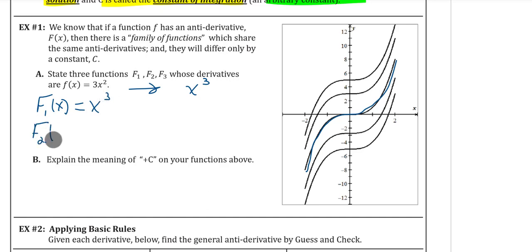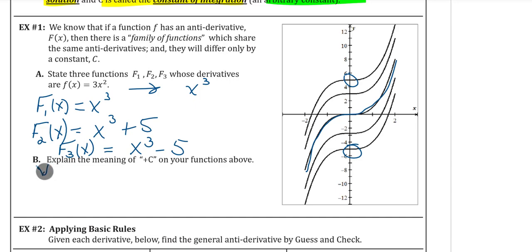And then F2 of x can be any of these, so let's pick this one: x cubed plus 5. For F3 of x, let's pick a negative one: x cubed minus 5. There's a myriad of answers you could put for this. But we're supposed to explain the meaning of c in your function. As I mentioned, it's a vertical translation.